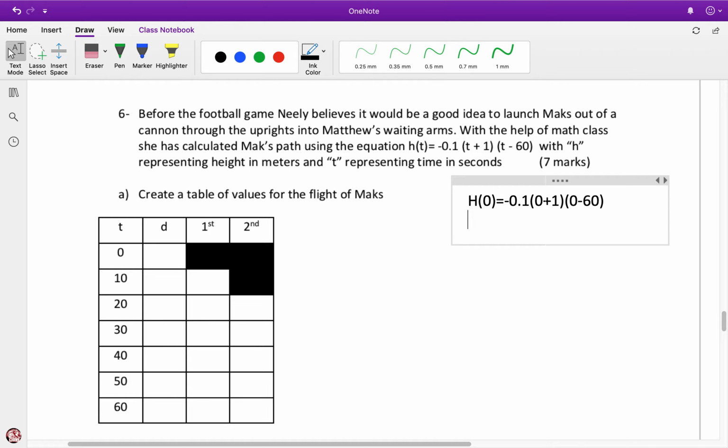And if I plugged it in, h of 0 would equal, let me plug in my calculator, negative 0.1 times 1 times negative 60, which is 6. So therefore I'm going to put 6 in here. Now I'm just going to plug this into a calculator beside me. Therefore I can collect all my numbers real quick.